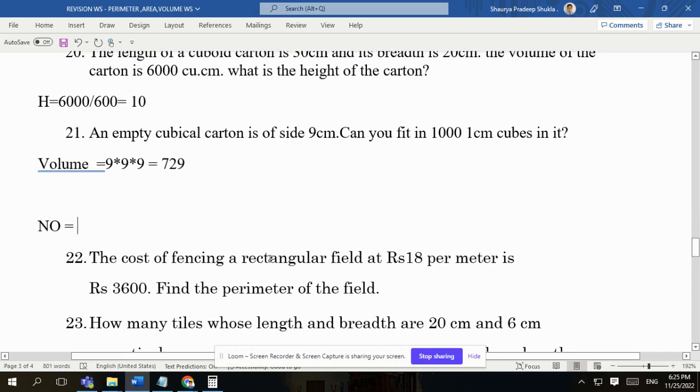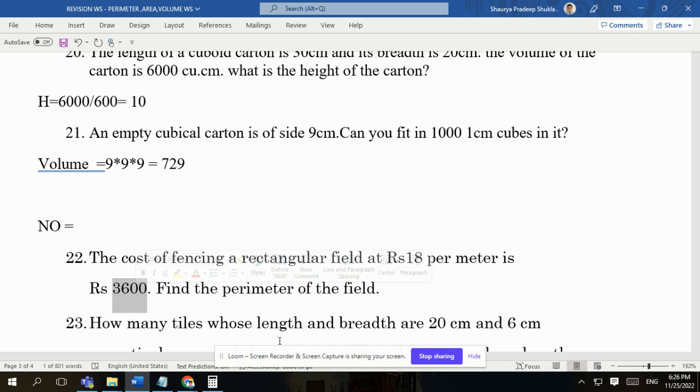The cost of fencing a rectangular field at 18 rupees per meter is 3,600 rupees. It's an interesting problem. They have given you the cost per meter, 18 rupees, and the total cost is 3,600 rupees.